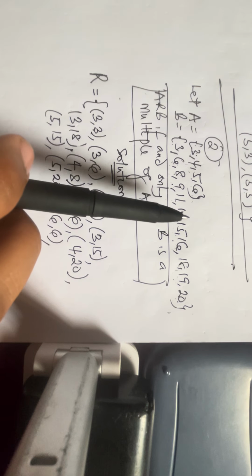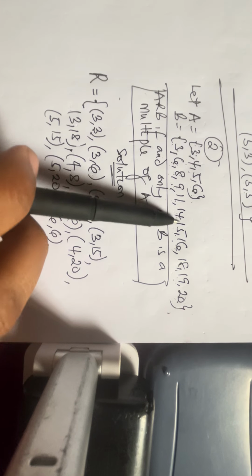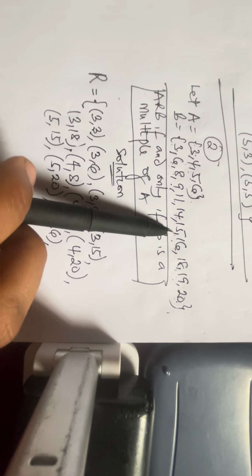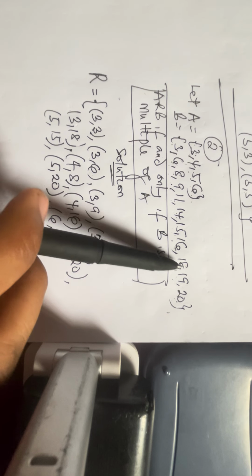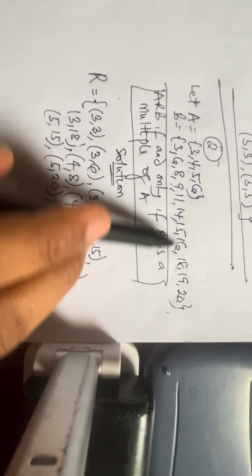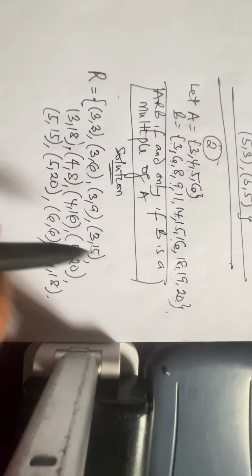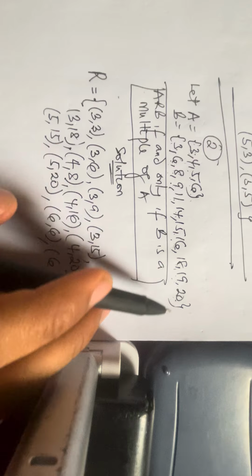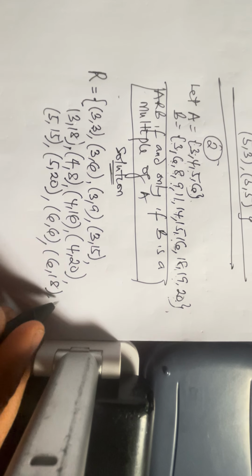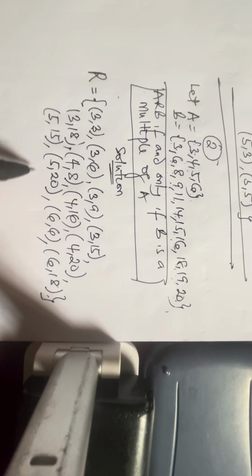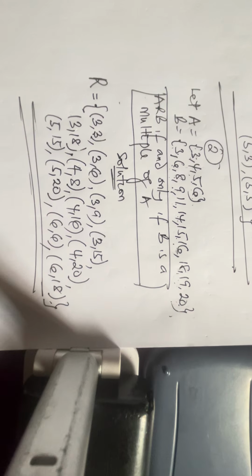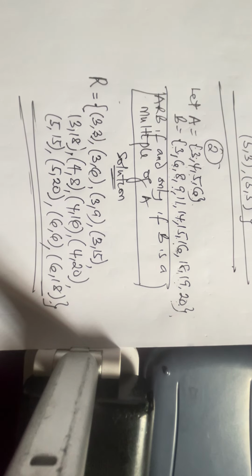No. 11 cannot. 14 cannot. 15 also cannot. 16 cannot. 18 can, because 18 divided by 6 is 3. So we say 6 comma 18. 19 cannot. 20 cannot as well. So that's the end. This is the relation. I had to take my time to explain this step by step so you will get it clearly.